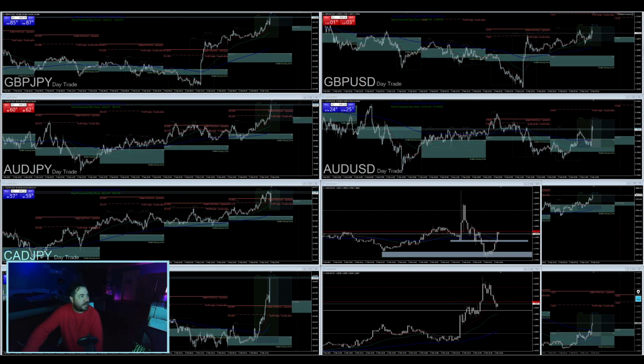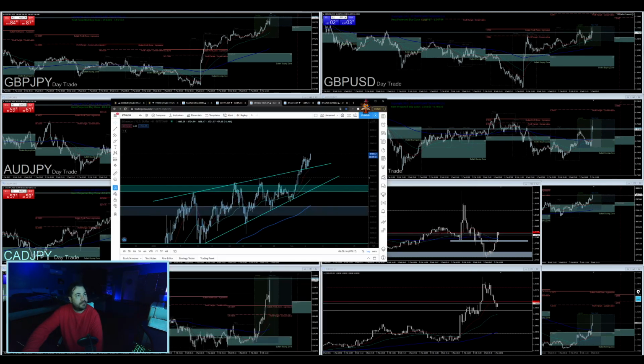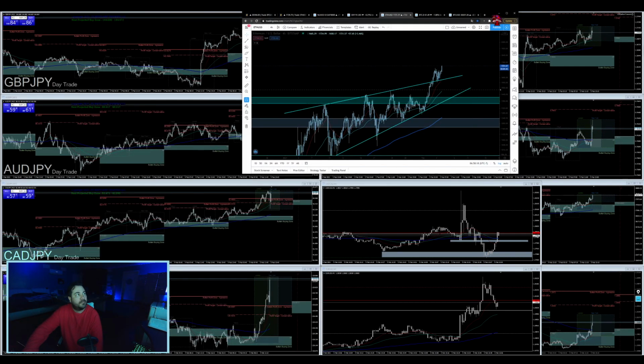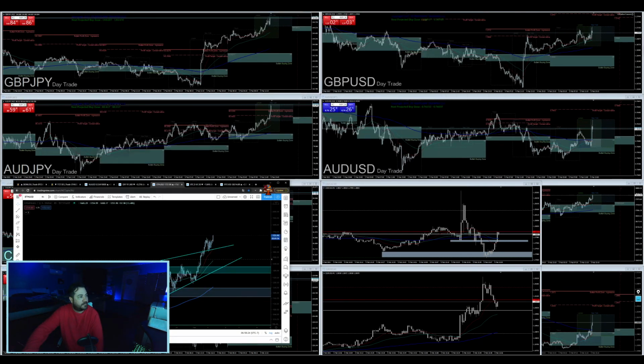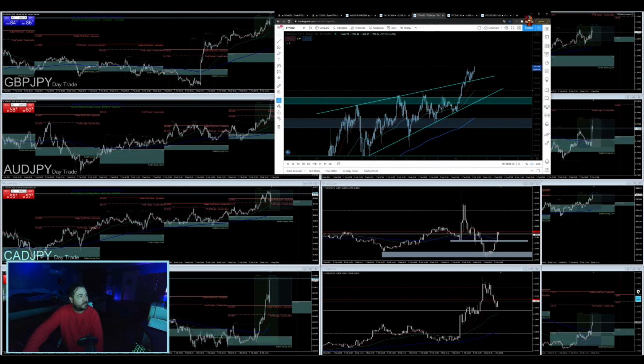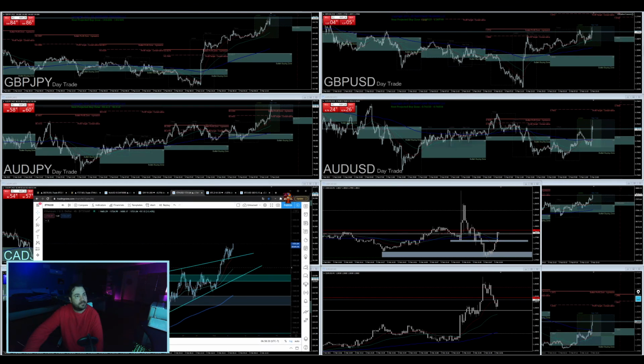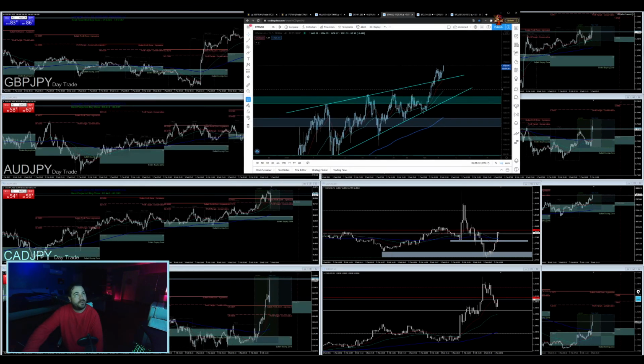Look at the CAD yen rebounding. Wow, look at the euro yen. Massive, massive breakout. Put it up here so we can watch those.